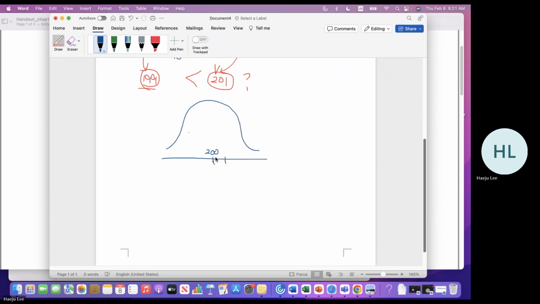So one standard deviation from the mean is 210, and two standard deviations is 220. One minus standard deviation from the mean would be 190, and so on.